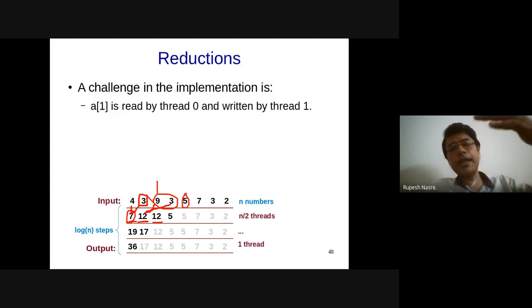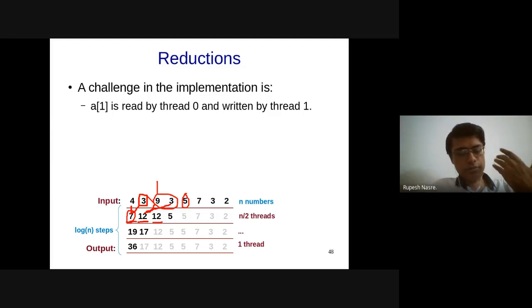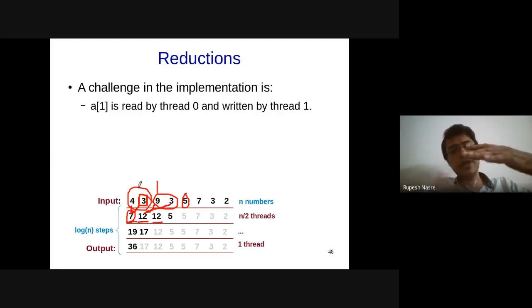So if I separate reading and writing by a barrier, then I ensure that I'm not going to have a data race and I'll still be able to get exactly the same value. So how do I do that? Well, there is a reading required by thread 0, 4 plus 3. So I read these values into a temporary, which means that I have read those and stored those somewhere.